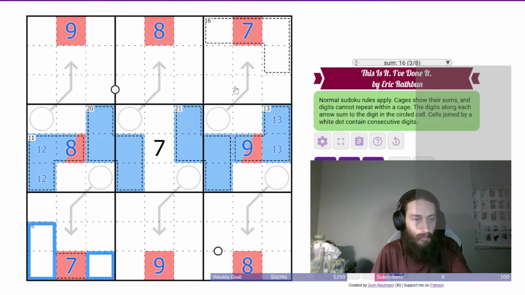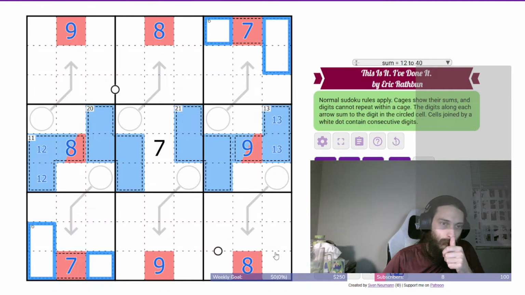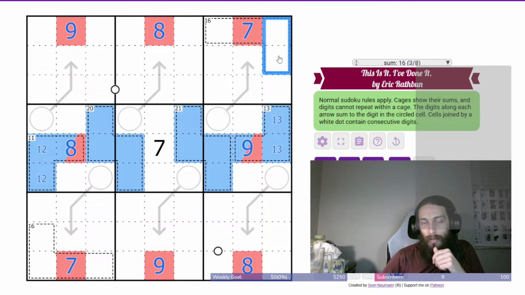So, we need 9 and 3, which has lots of options. Although, this 1, 3... You only have one of 1 or 2. Cannot have both. Right.